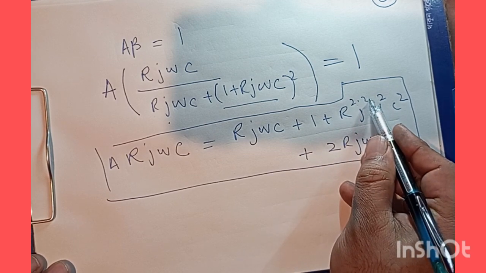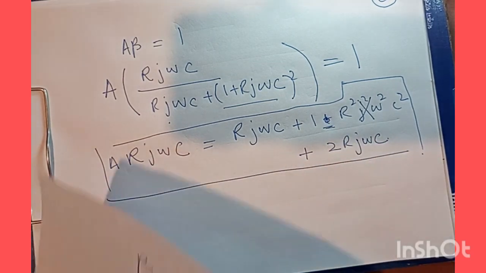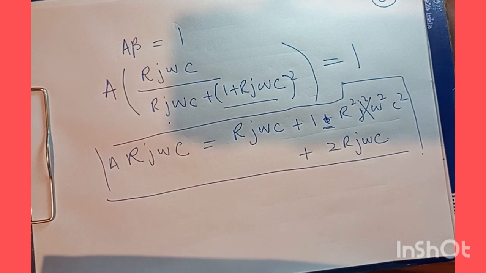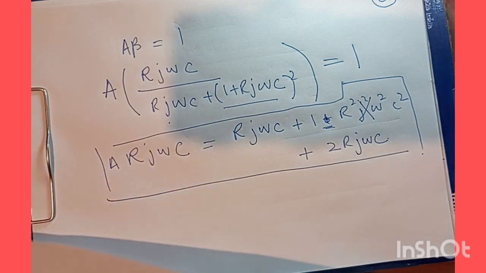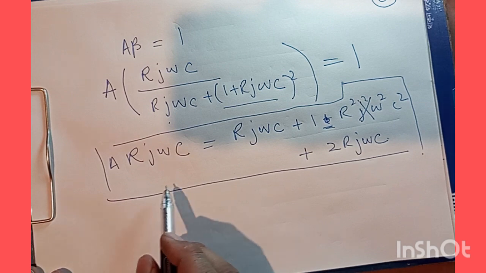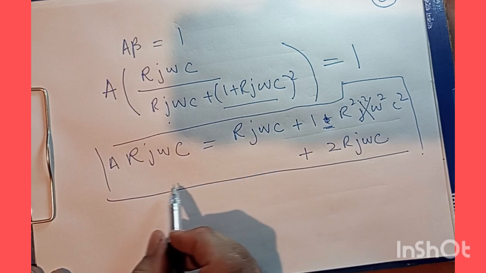So when we kill this j square, we will have minus here. Now let's think in terms of equating this equation in terms of the complex numbers and what we call as the real numbers. So do we have any more manipulations? If we think we can, we can do it that way.